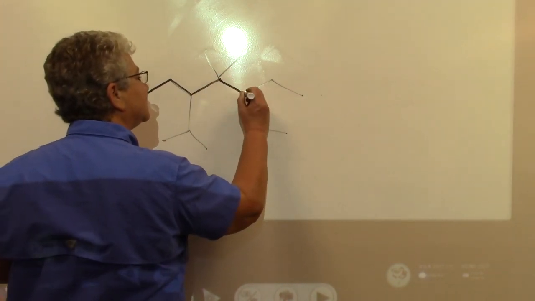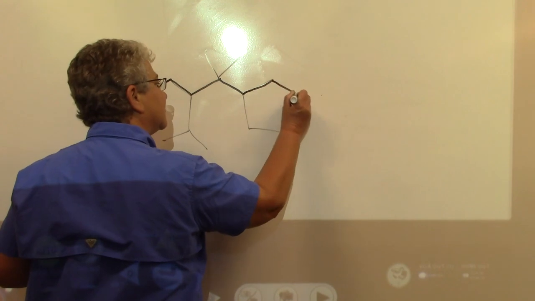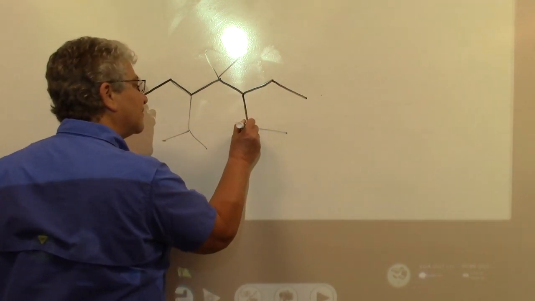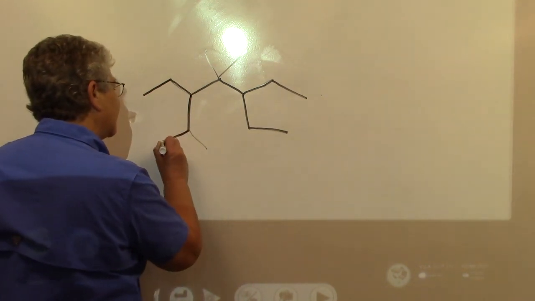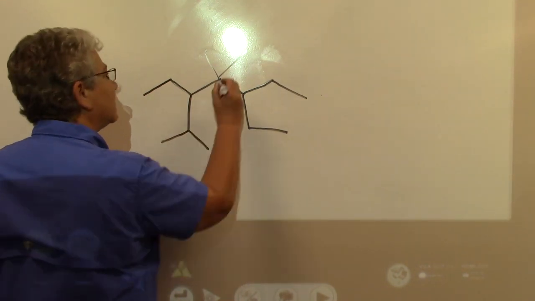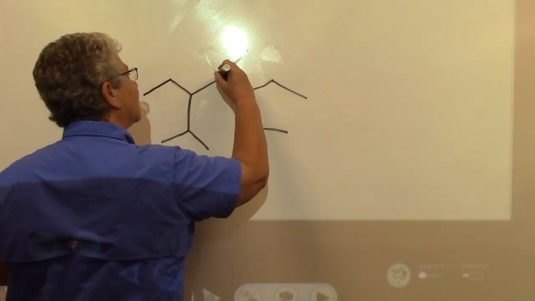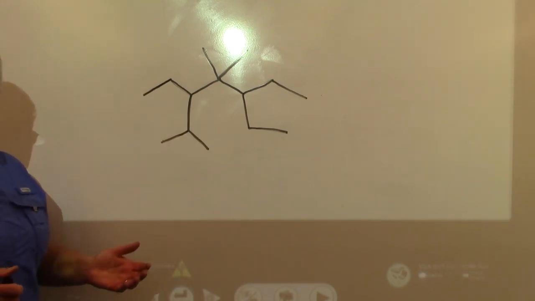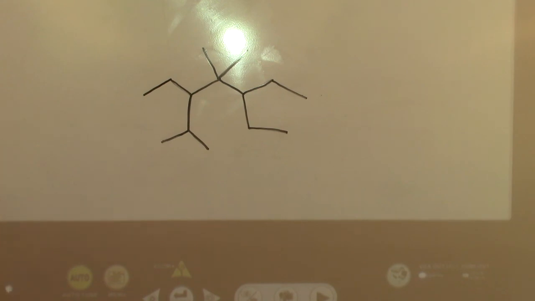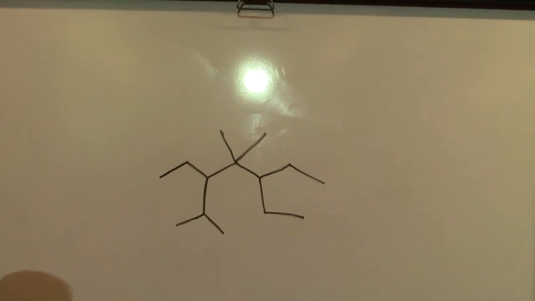All single bonds. I'm just trying to make it darker for you to see. Okay, so now take this molecule, and here's a typical exam question. How many different carbon resonances would you see in the spectrum for this molecule?